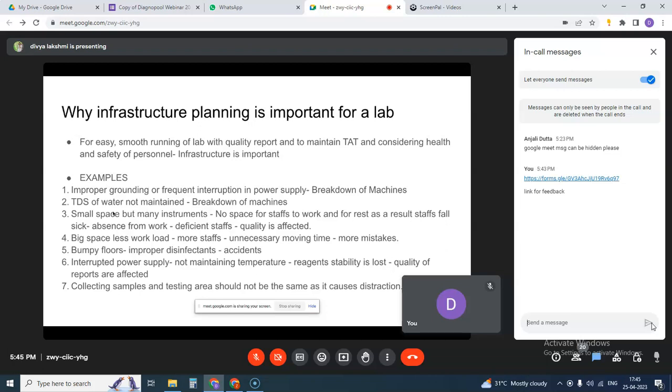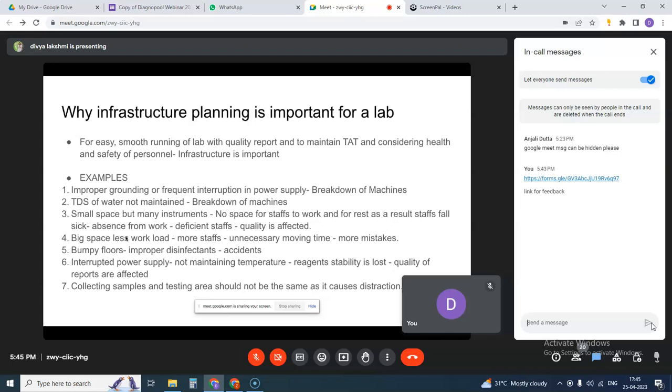If the labs are small with many instruments, what will happen? There will be no space for staff to work, and as a result staff keep falling sick and are absent from work, causing deficiency of staff, and quality can be affected. Again, if humidity and temperature are not maintained, bacteria can multiply and it can affect the health of the staff working in the lab.